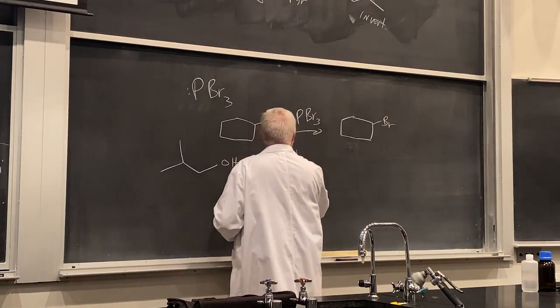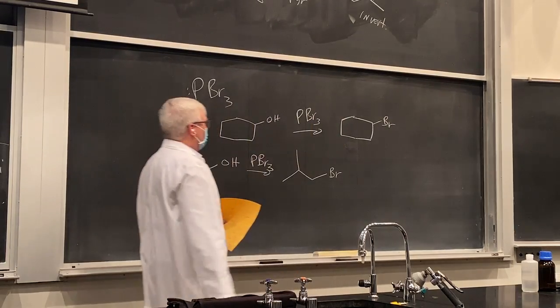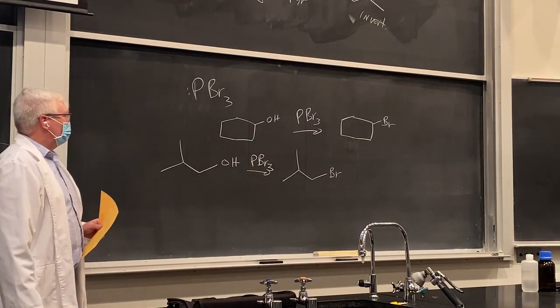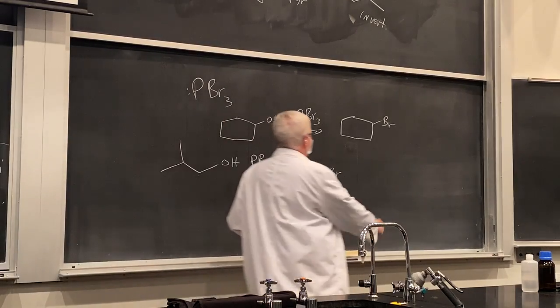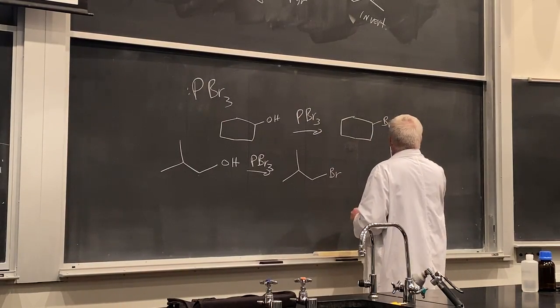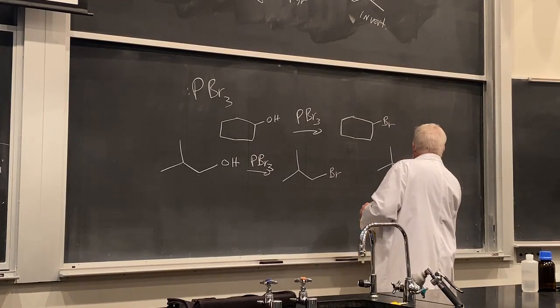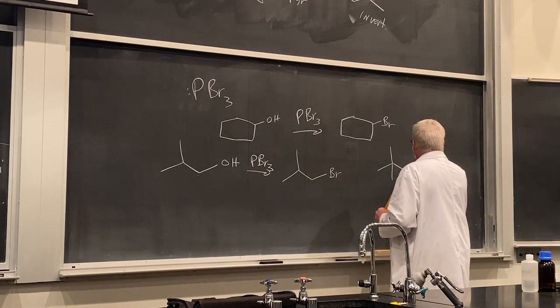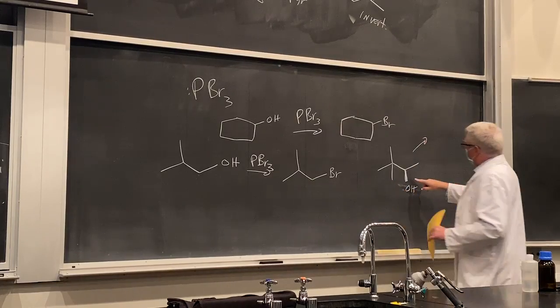But with phosphorus tribromide, again, we're not going through a carbocation. It will do brominations without any shifts. So you can even have one with 3 branch positions there. It will cleanly give this. And let's have some stereochemistry here too.